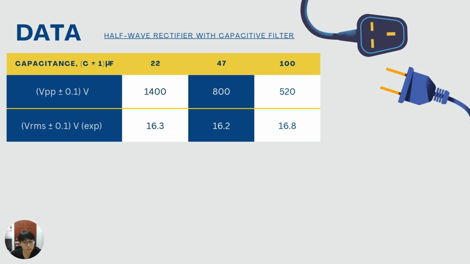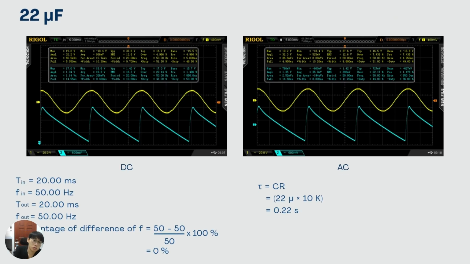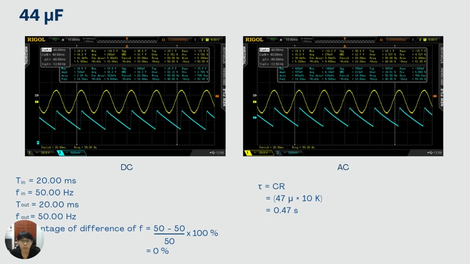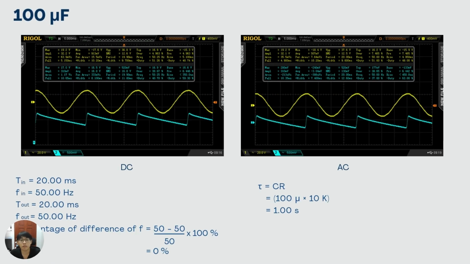This can be explained by the diagram of the waveform. For the 22 mF capacitance, we get the largest distance between the peak and the lowest part of the signal, for the blue one, as you can see. Compared to the 44 mF, the distance from the peak to the bottom is smaller, and for the 100 mF it is even smaller.